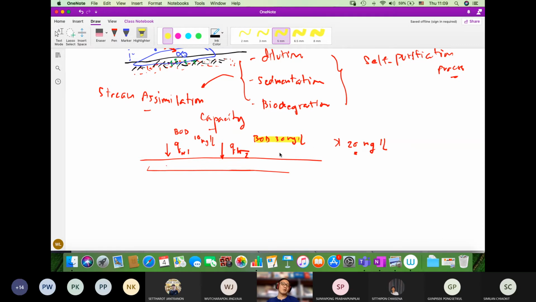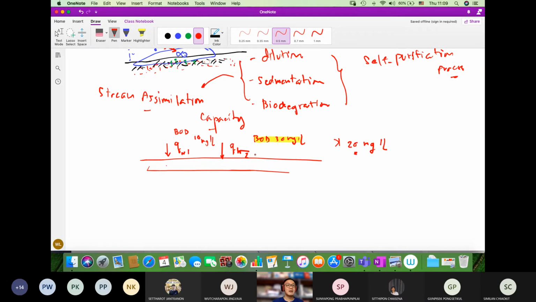So this actually violates the law, right? Penalty measures will be imposed on this industry. But for these two industries, we only pay attention to the concentration, the degree of the contamination. We only focus on the concentration.